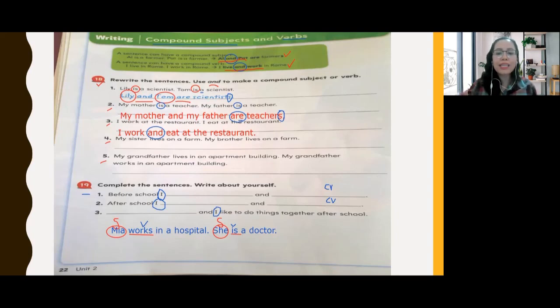So what do we need here? CV or CS? Compound verb or compound subject? Yes, we need here compound subject or CS. Good job. Okay, class, before we continue to the other part, Miss Hilda wants you to focus on this, yeah.